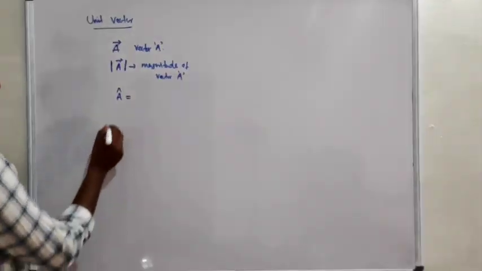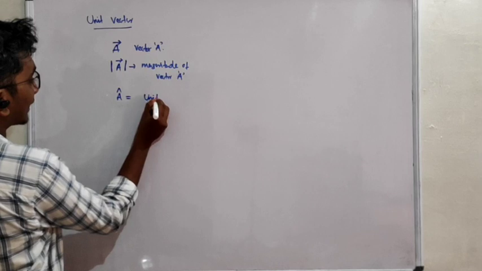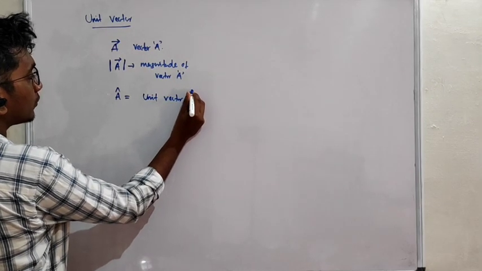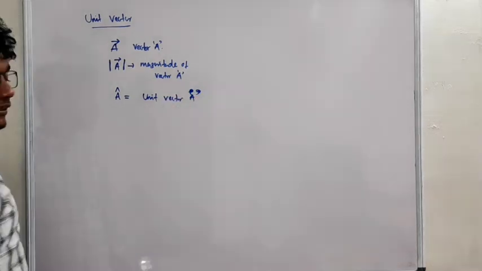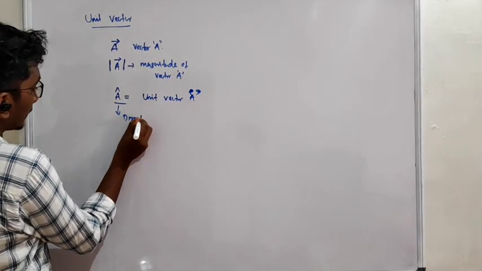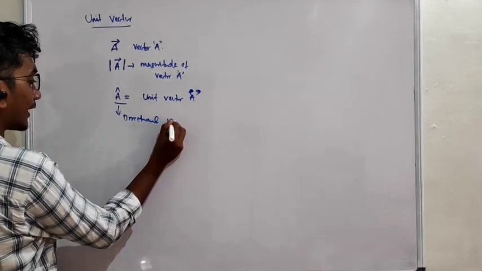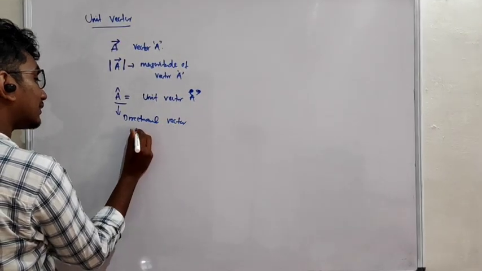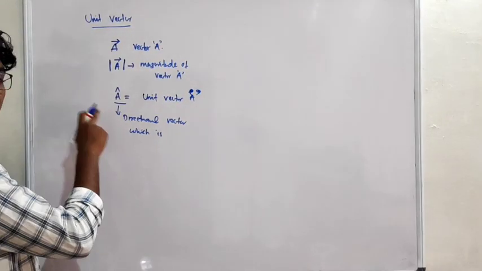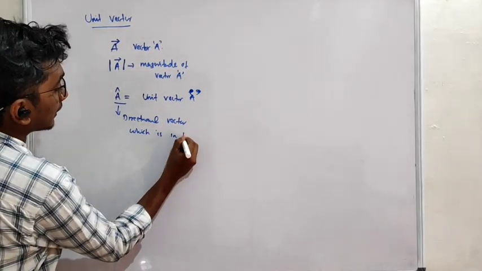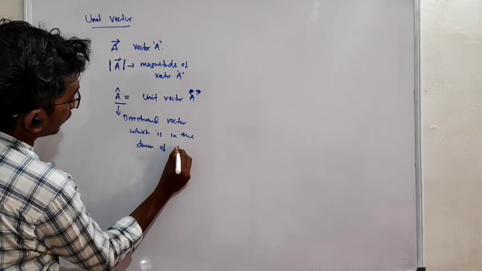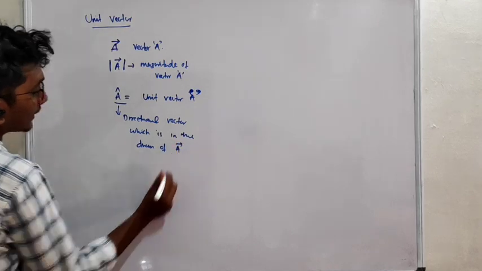unit vector A. This is what is known as the unit vector of A. What is the meaning of unit vector? Unit vector means this is the vector which is the directional vector, which is in the direction of A. So vector A is there.